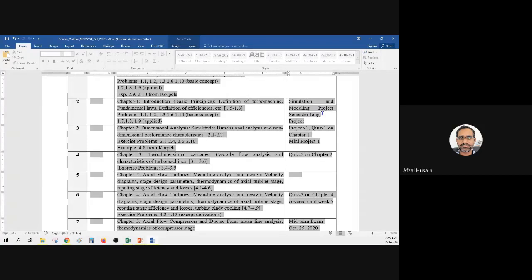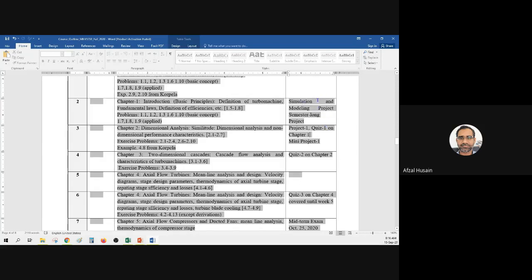So why I'm doing this, because this is very important. If you see the industry, especially the petroleum industry or any other transport industry where you are transporting the fluid from one station to another, you need pumps. And when you are generating power, then you use turbines. So both of them are very important.